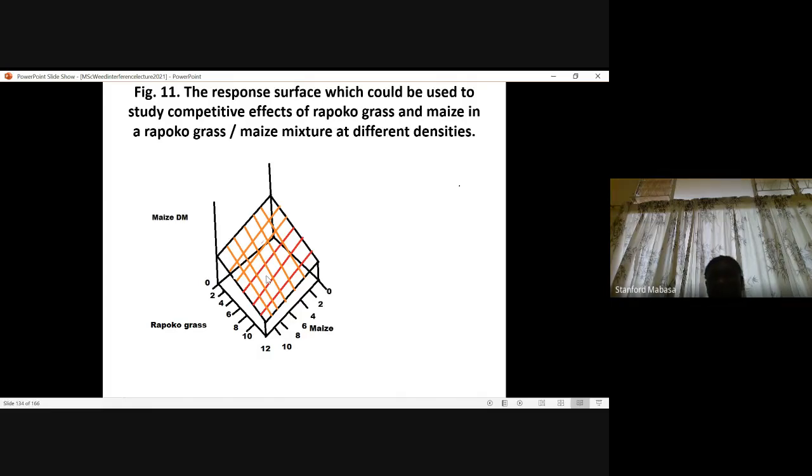We can get various combinations of maize and Rapoco grass, which produce dry matter of maize. And the equations which I was showing you previously probably describe these shapes. This is known as the response surface.